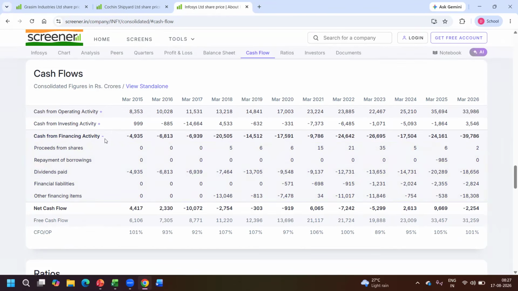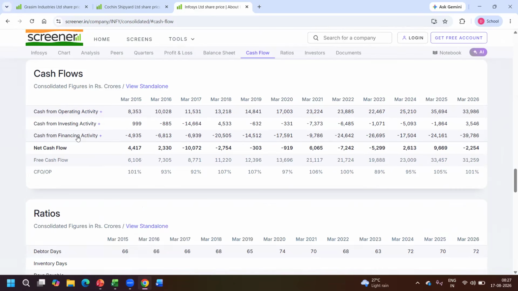This negative CFF of Infosys is because of the payment of dividends, or sometimes maybe because of the buyback of shares. So it's always important to observe what is the change in the cash flow, and the nature of the cash flows.